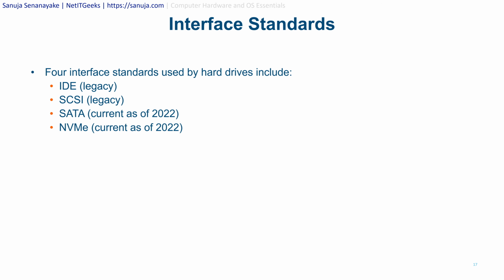IDE and SCSI are legacy device interfaces, while SATA and NVMe are current as of 2022. These interfaces are how a hard drive or a storage device connects to your motherboard and other devices.